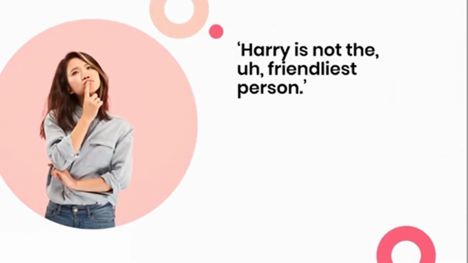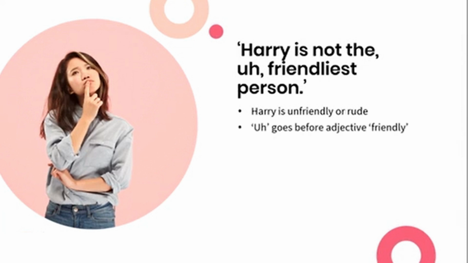Let's look at another example. Harry is not the friendliest person. This is a polite way of saying that Harry is unfriendly or perhaps even rude. I placed the filler in front of the word friendly, perhaps because I was struggling to think of a polite way to say that Harry is rude.